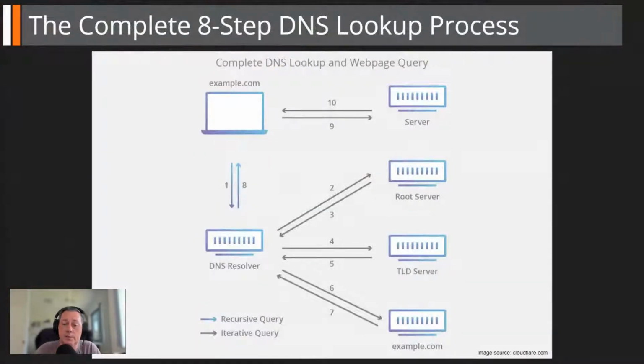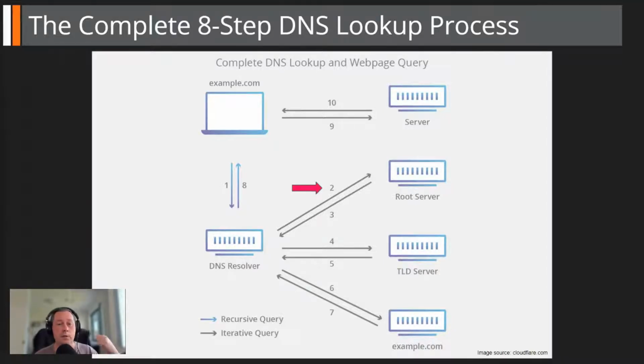Here's how it works. This is the whole internet DNS lookup process. Step one: the user types in, for example, example.com, or your website.com, into a web browser, and the query travels into the internet and is received by a DNS resolver. Step two: the DNS resolver queries the DNS root name server.